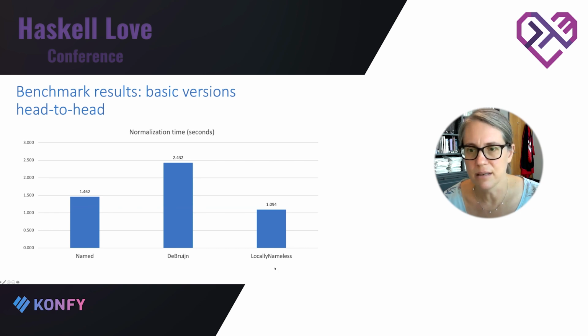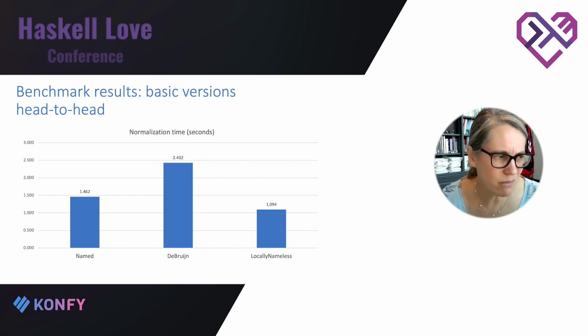The slowest one, the de Bruijn indices, is only twice as slow as the fastest one, locally nameless. So I would say they're all in the same ballpark. This is our starting point. And this result doesn't really tell you enough information to decide, if you're making a binding library, which approach should you do?